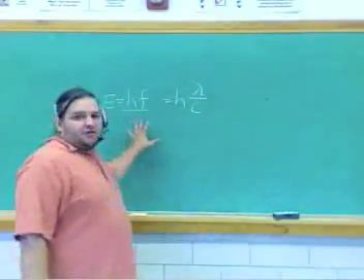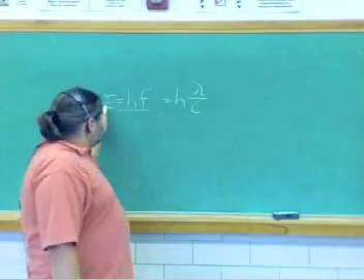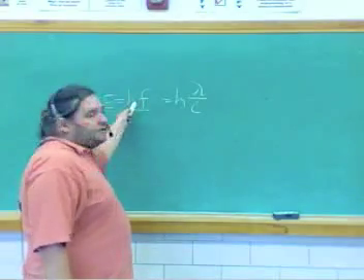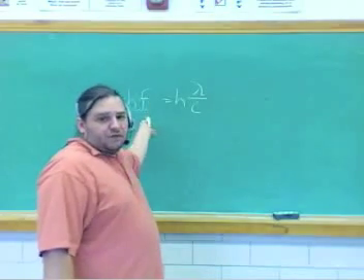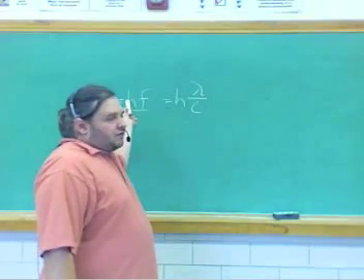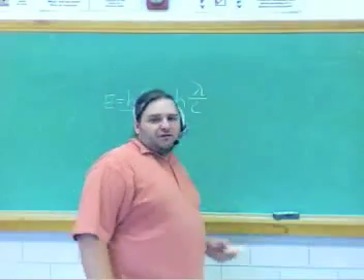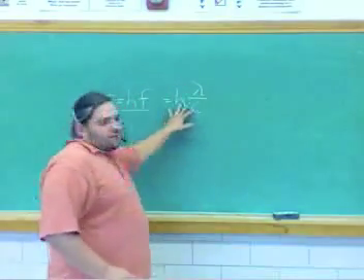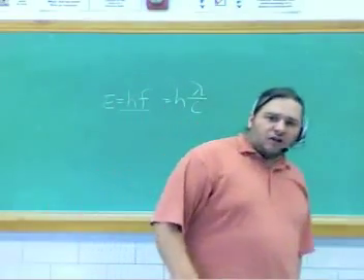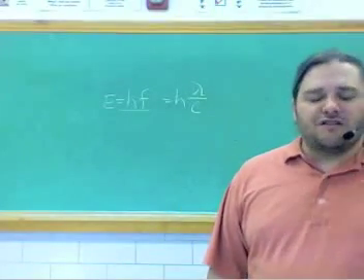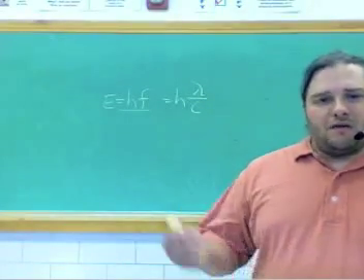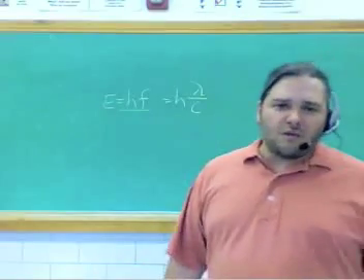Now you could take this one step further. So I have this idea that E is equal to the Planck constant times frequency. This equation is doing a substitution, just saying, oh look, frequency times wavelength is equal to the speed of light, and at that point, we can do a substitution for frequency.